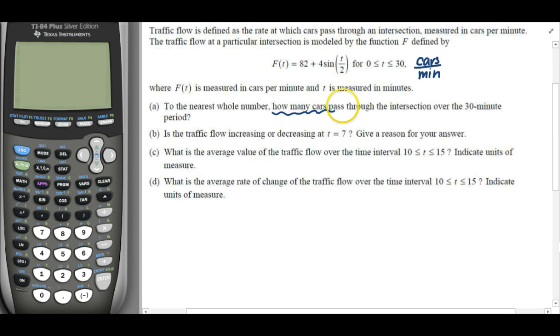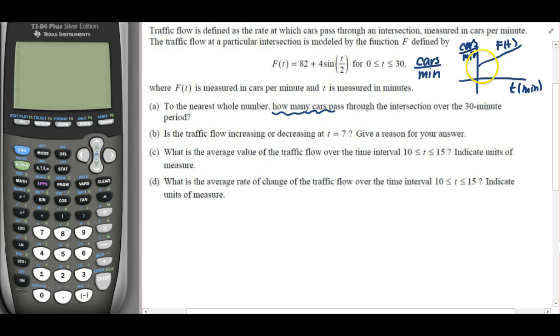Now, again, to help us understand the concept of units, let's say we were to graph this function f of t. For now, let's assume I don't know exactly what it looks like. This is just my function f of t. Now, the units on the vertical axis, we've said a couple times now, are cars per minute, and the units of my horizontal axis, time, is in minutes.